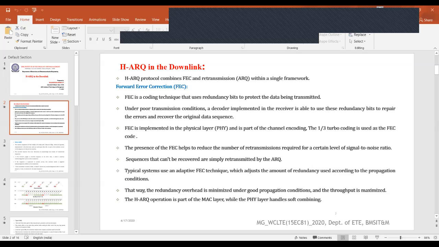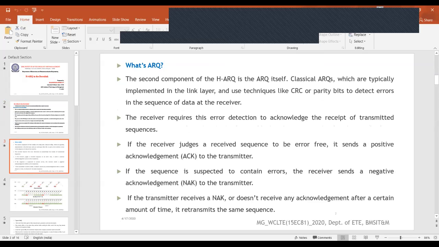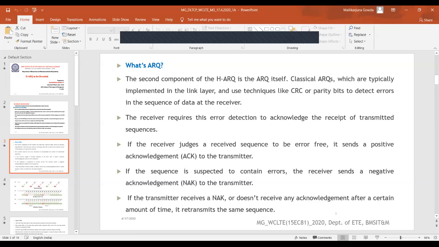And the next is ARQ, right? ARQ, that is automatic repeat request, is the second component of hybrid ARQ, and this retransmission technique is implemented in the link layer, that is the radio link layer, RLC.